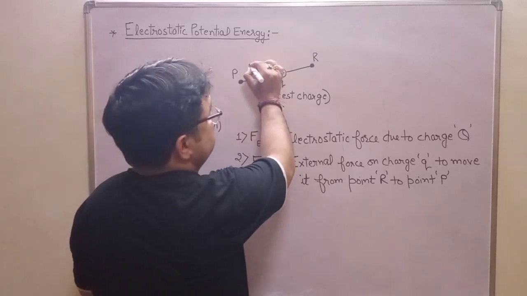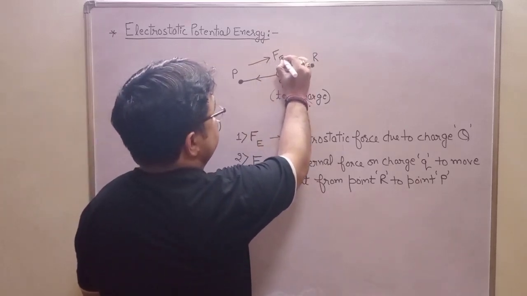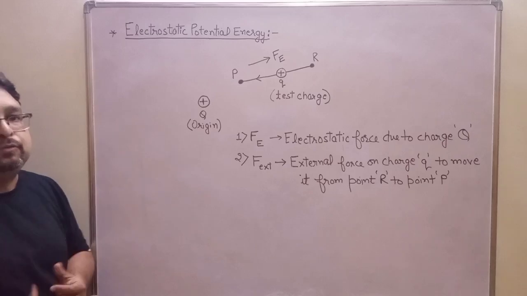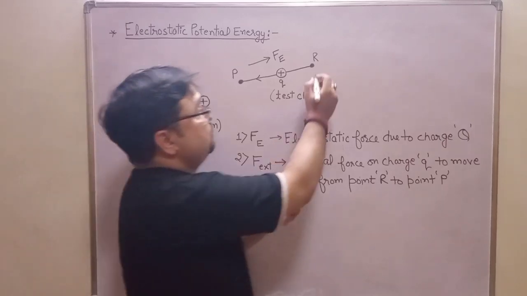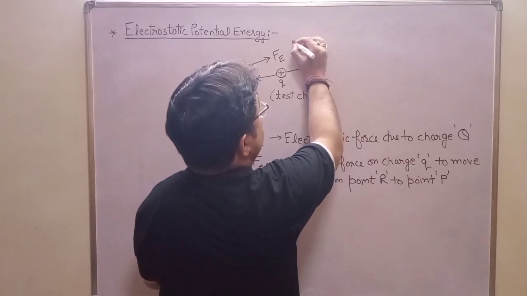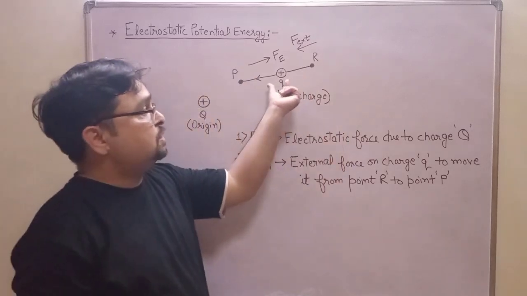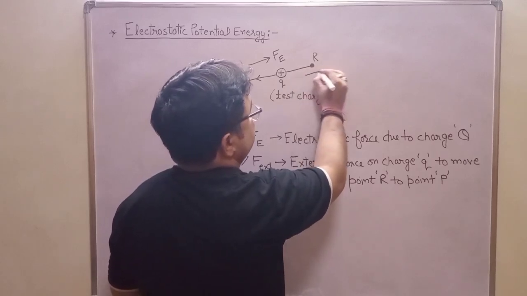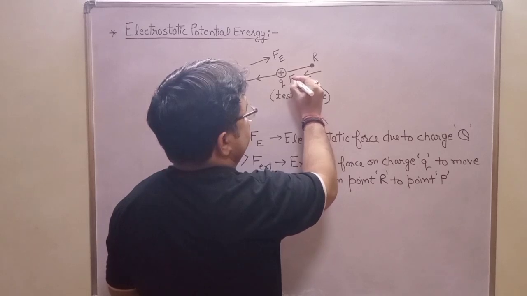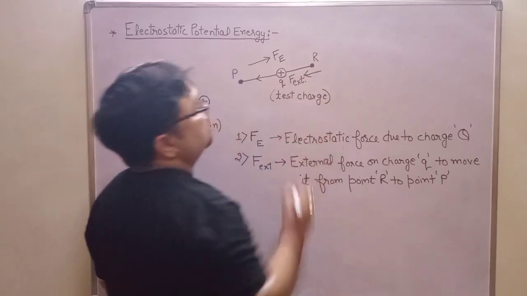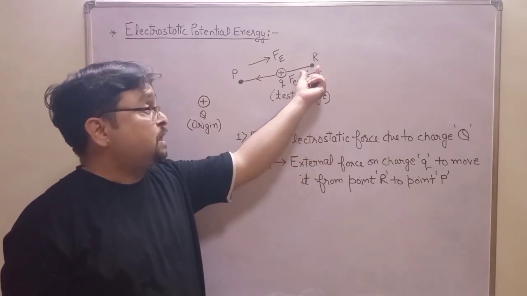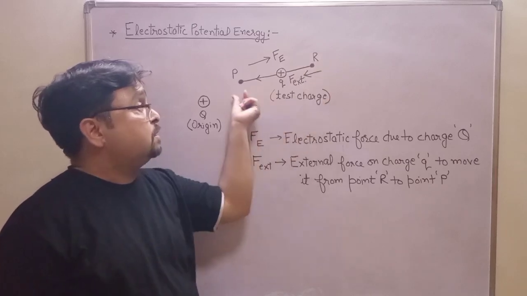There will be a repulsive force due to electric field of capital Q charge, and there will be an external force on this charge, applied by us, so that this charge can move from point R to point P.